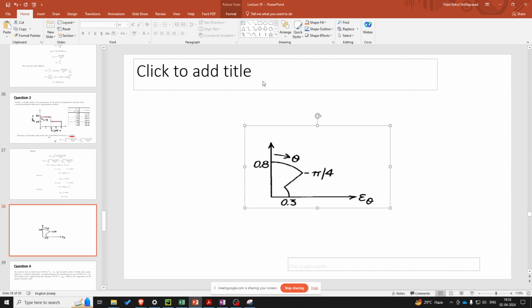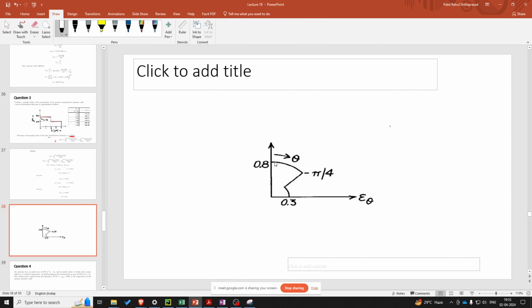So basically, if you can understand this diagram, you can see the angle goes from 0 to pi by 4. If you just consider 0 to pi by 4, then the emissivity E theta is given by this term, 0.8.